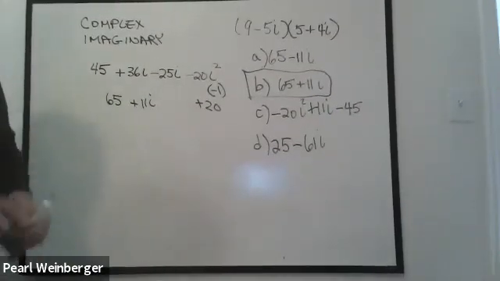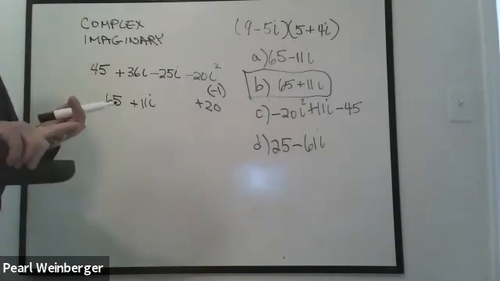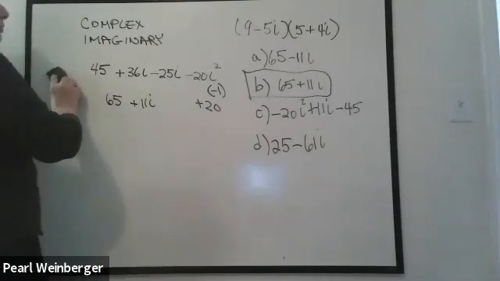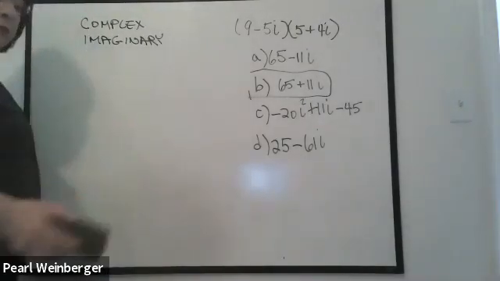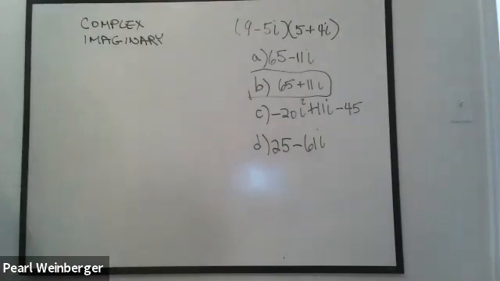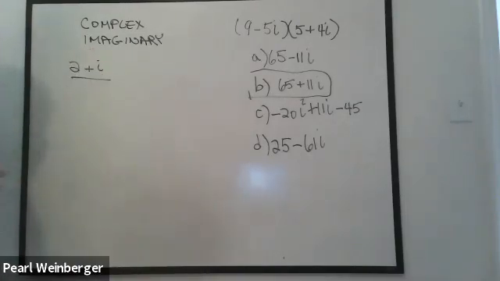Okay. All right. So we've now done adding, subtracting, and multiplying. Let's talk about dividing of complex numbers. How do we divide complex numbers? So let's say I have 2 plus i over 3 minus 2i.